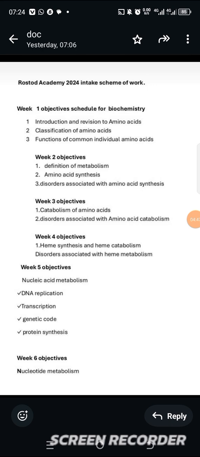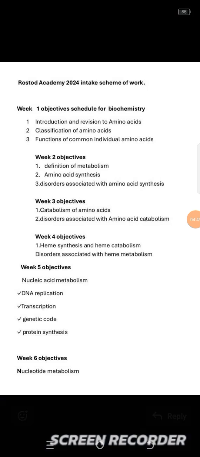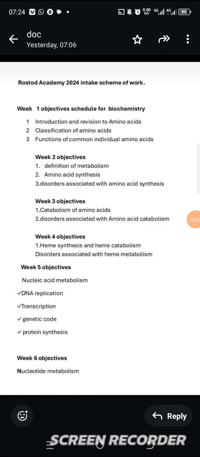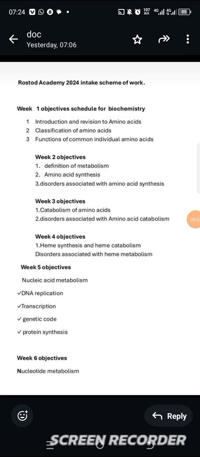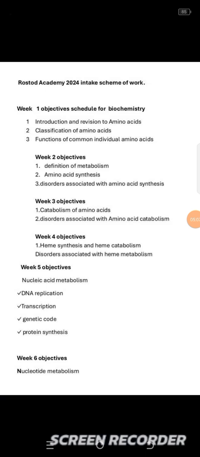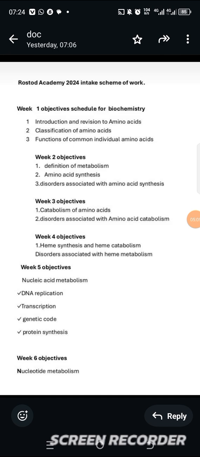The school also demands that you know the genetic code and how to interpret it, and that you are at least able to come up with the names of the amino acids that are encoded by a particular genetic code.